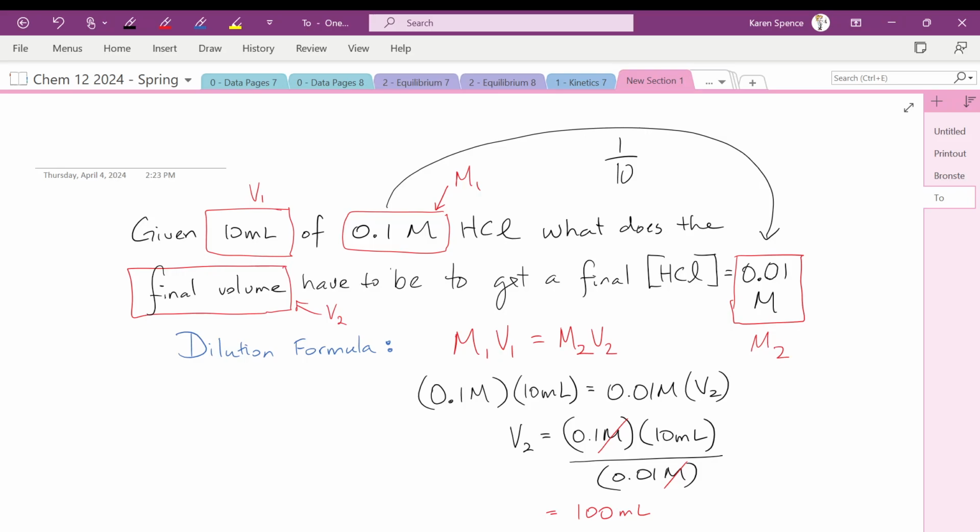Okay? All right. So going back, that means I need to fill this up to 100 milliliters. So that is HCl. Where's my water? Here's my water. Excellent. Okay. So I'm going to fill it up to 100 milliliters.